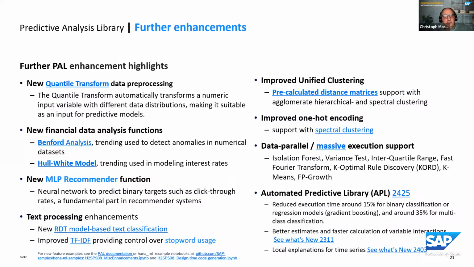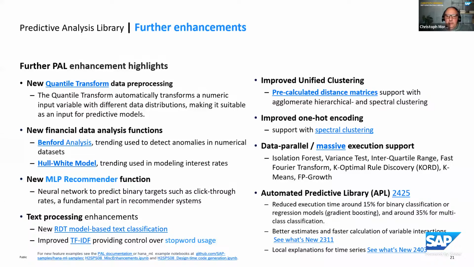Text processing functions have been enriched to some degree with a random decision tree based text classification function and stop words support with the TF-IDF function. And maybe here on the right-hand side, just to highlight, we have the data parallel massive execution support, so also for some of the other functions including, for example, isolation forest for outlier detection.